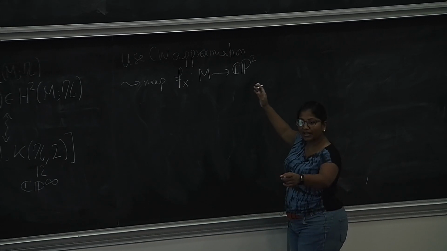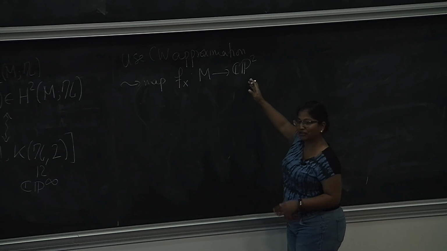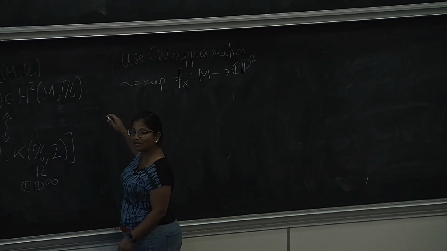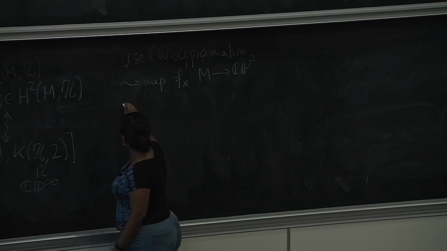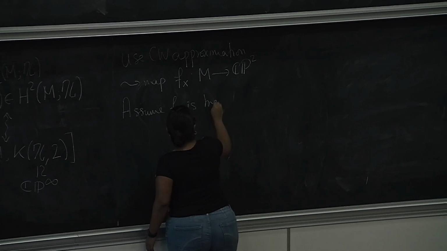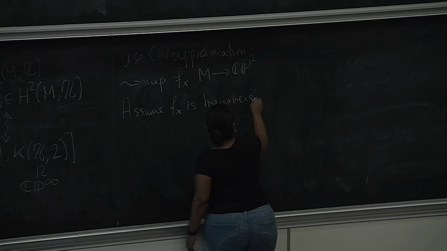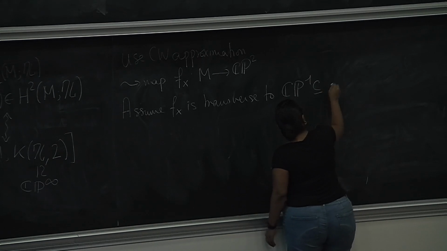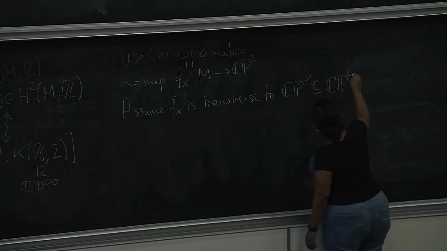And now this is where the categories will come in if you're keeping track. So here's going to be a non-trivial statement. So we're going to perturb so that we can assume that f_x is transverse to the CP^1 sitting inside of CP^2.